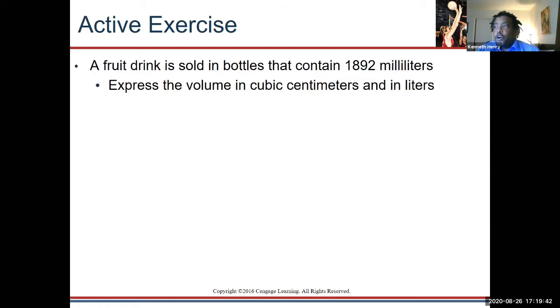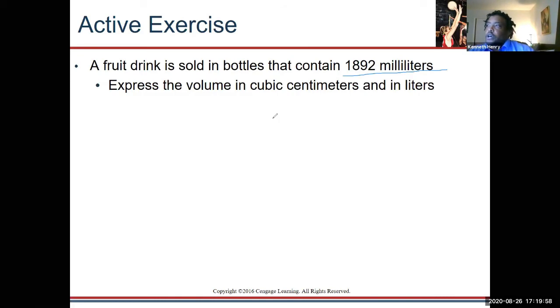Express the volume in cubic centimeters and in liters. So what's our given? 1,892 milliliters. And what do we want? Cubic centimeters and liters.